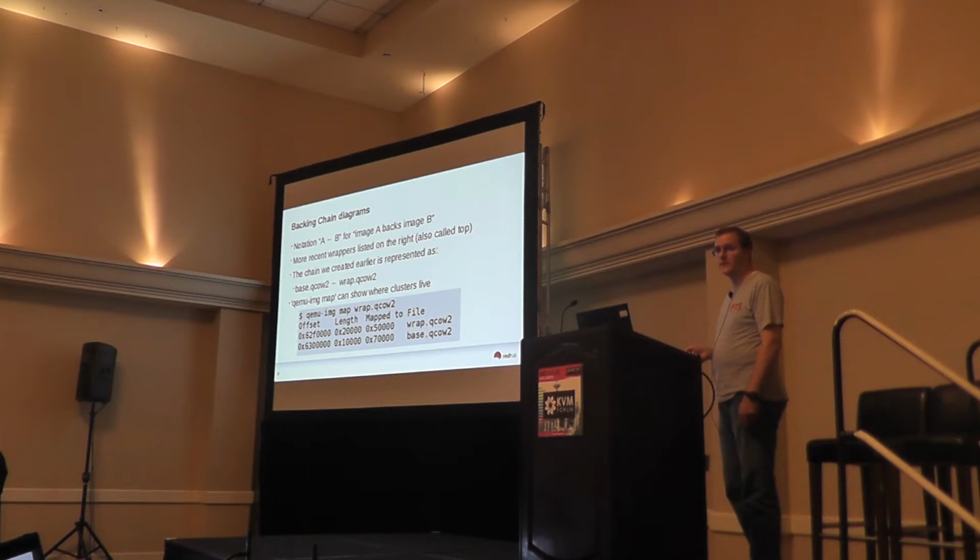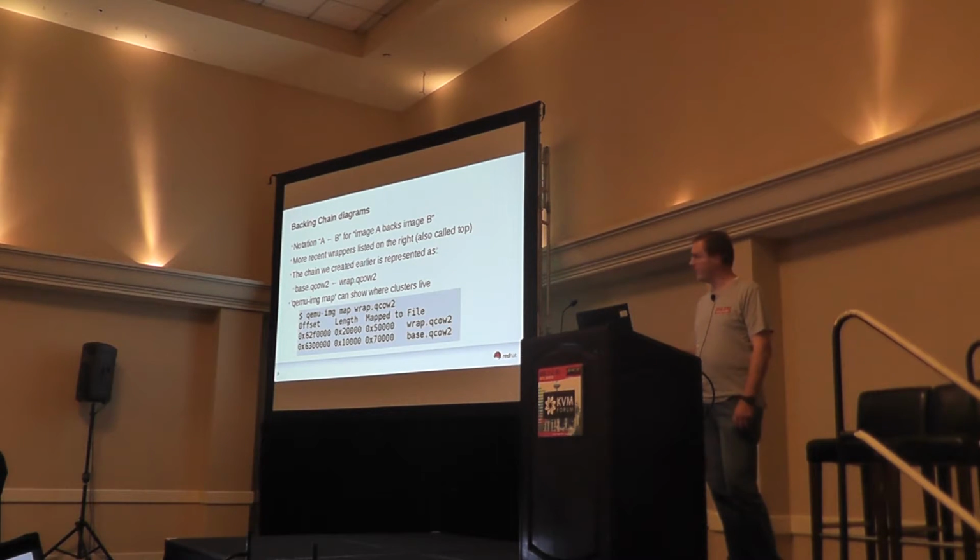A lot of the time on the mailing list, and also in my presentation, you'll see backing chain notation. A, left arrow B, means that image A is the backing image for image B. Image B is the top or the active layer. I'll use some examples based on the diagrams I did earlier in the talk. We also have a nice new command added recently, qemu-img map. It tells you about the file.